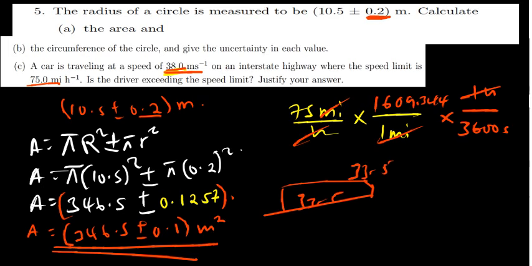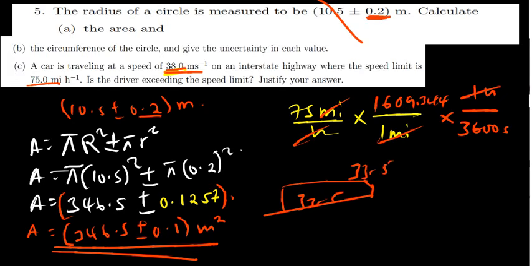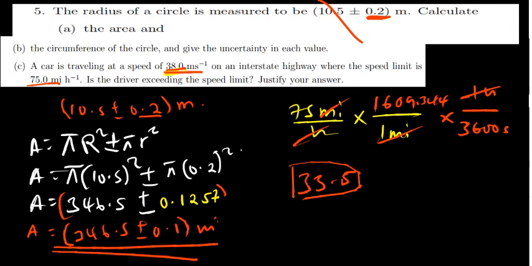Justify your answer. No, you guys, no. The speed limit is 33.5. Then someone is traveling at 38.0. He's exceeding the limit.